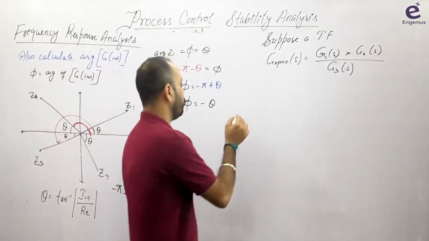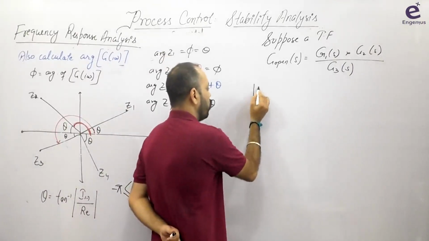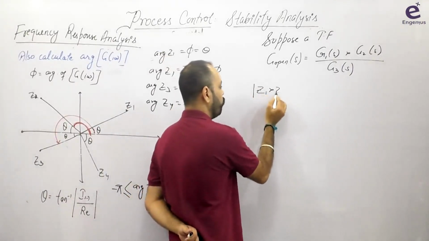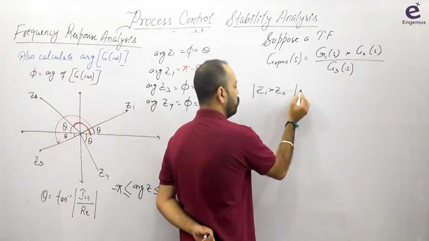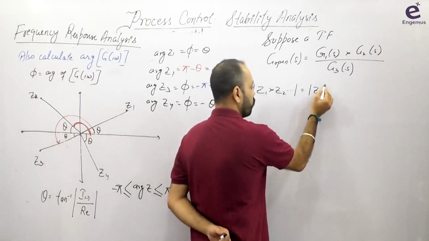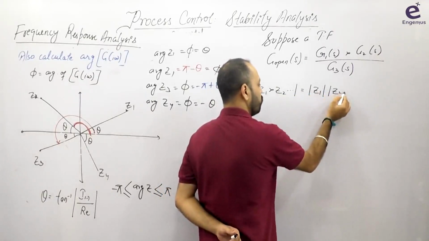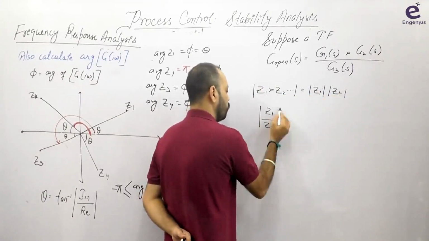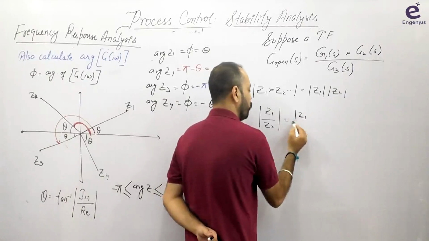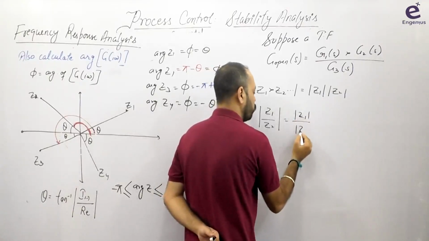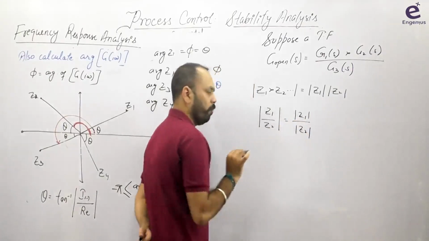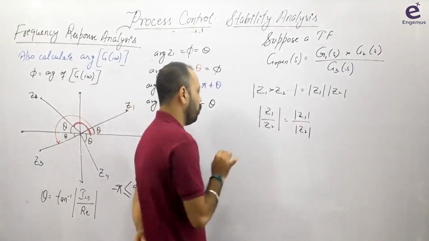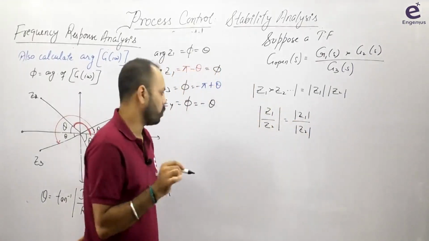Now, what are the properties of modulus? We know that the modulus of multiplication of two or three complex numbers is equal to the multiplication of their moduli. Similarly, modulus of Z1 by Z2 is equal to modulus of Z1 by modulus of Z2. Correct? Two important properties of modulus. This is not valid for addition and subtraction, please note.